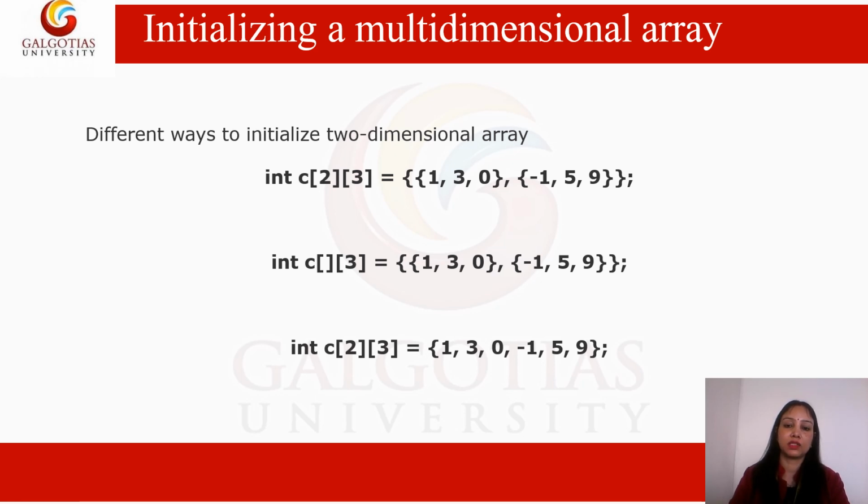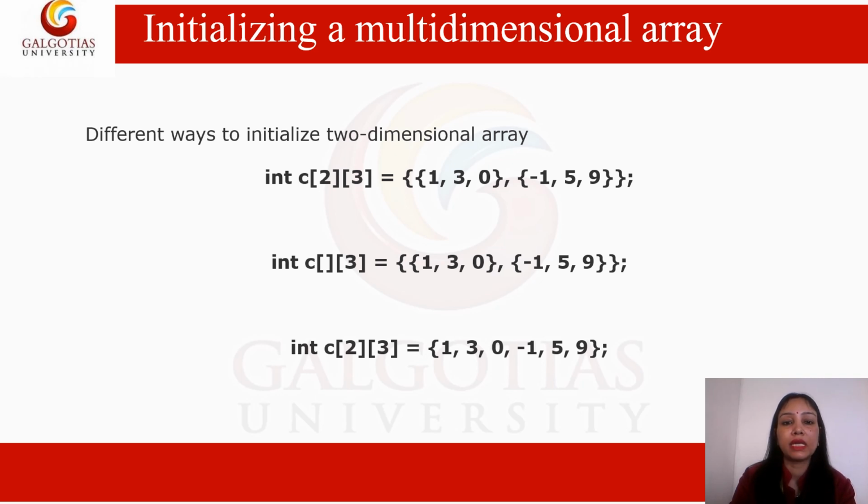In the second initialization, because in a 2D array elements are stored row by row, row by row means the first row goes till the last column. So while declaring or initializing the two-dimensional array, you can simply write int, array name, and the row size will be blank because you mentioned the column size, right?